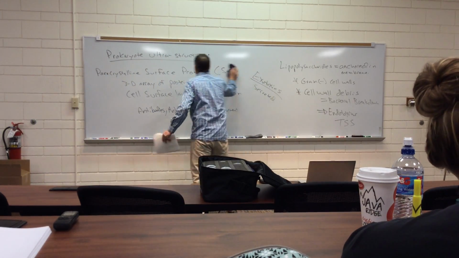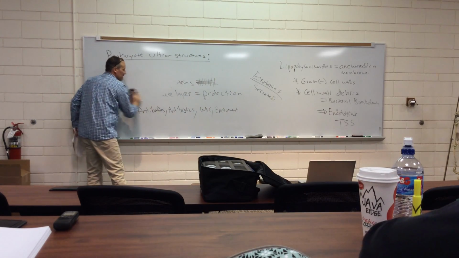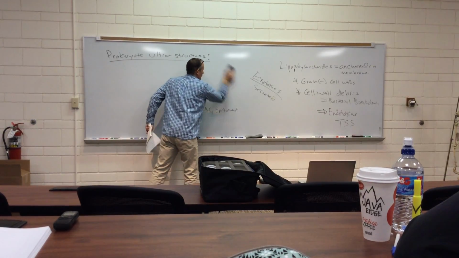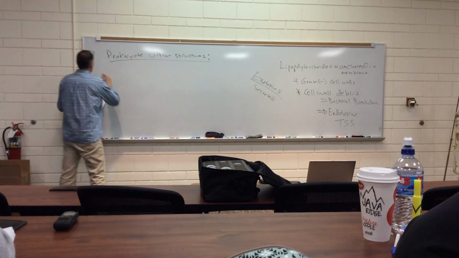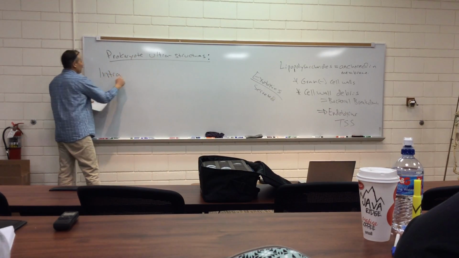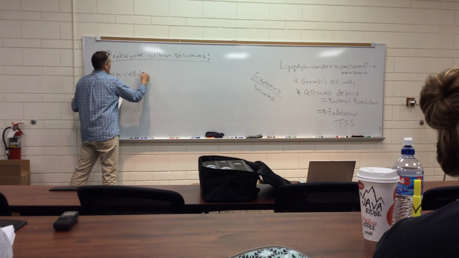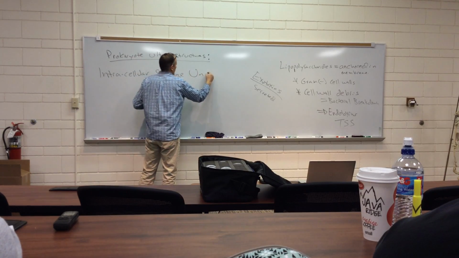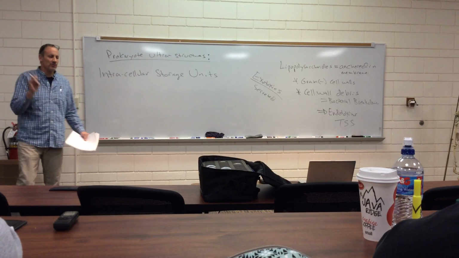Then we have all sorts of storage units. Those were extracellular structures, but these guys are inside the prokaryotes. So we're going to call them intra for being inside. And these guys are basically little vacuoles or storage units.